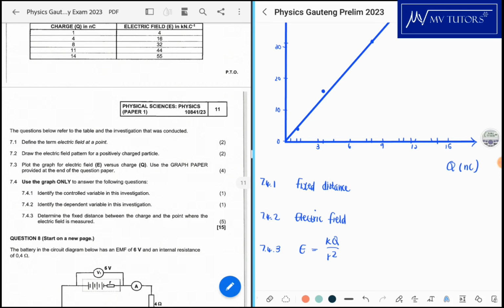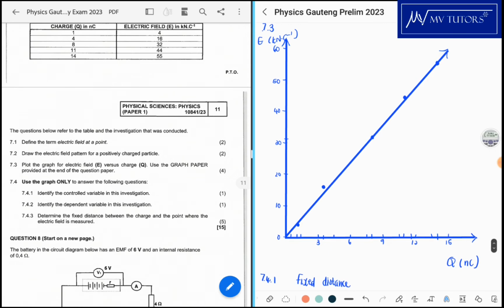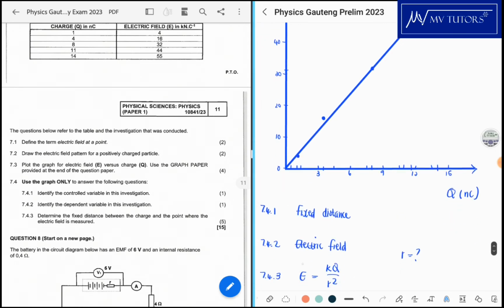Okay, and then what we're looking for is the fixed distance between the charge and the point where the electric field is measured. So basically we're looking for r, not r squared, but r. Okay, and on our y-axis we have E, so we can use E. We have k, it's a constant.